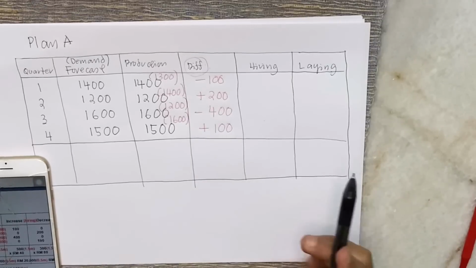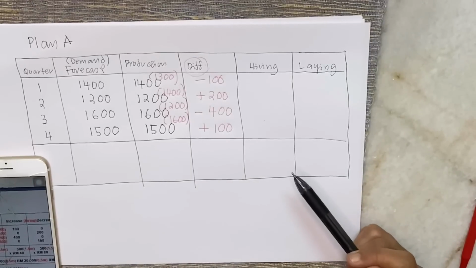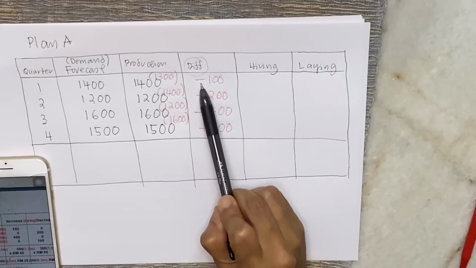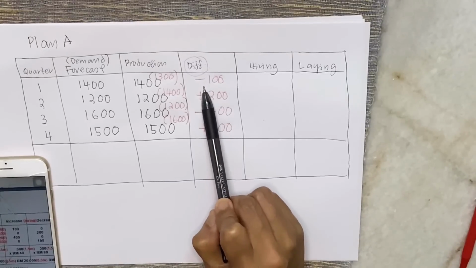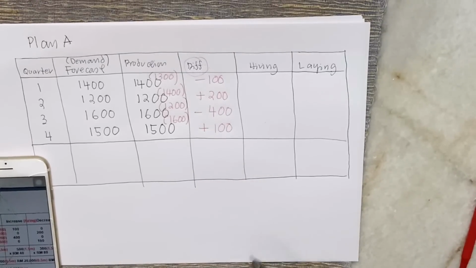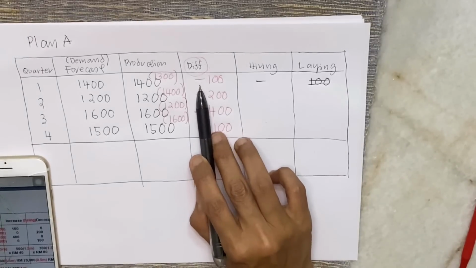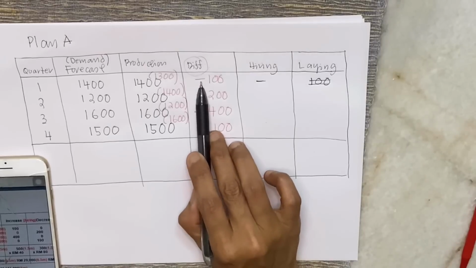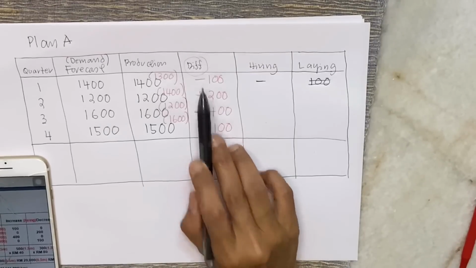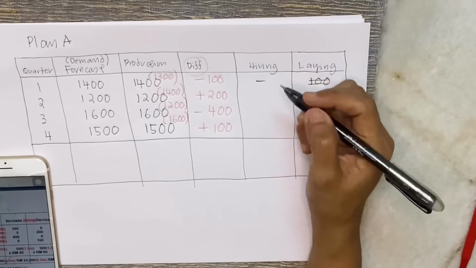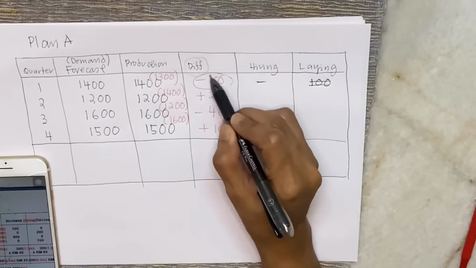Why are the negative and positive important? Because we would like to decide on the option. So now we produce less. When we produce less, we have to hire workers. So since it is a negative here, we have to hire more workers in producing the products that we are short of here.